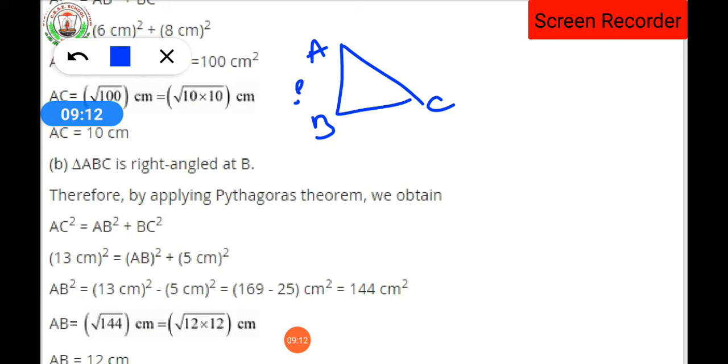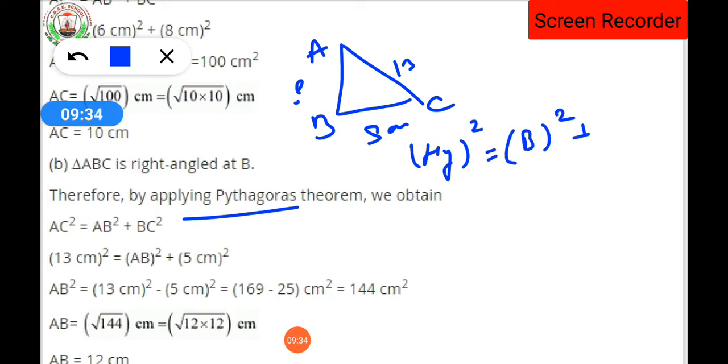Whose values are given? AC is given as 13 centimeter, BC is given as 5 centimeter. Now by applying Pythagoras theorem, hypotenuse whole square is equal to base whole square plus perpendicular whole square.